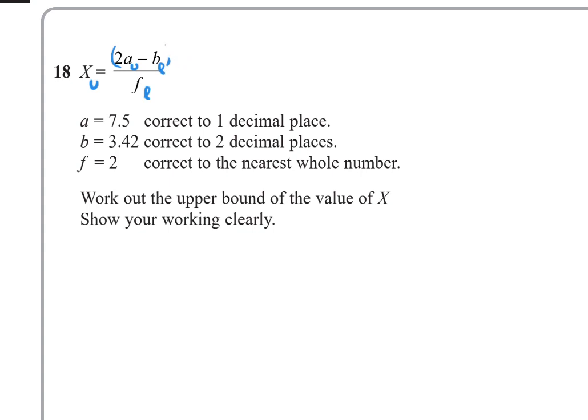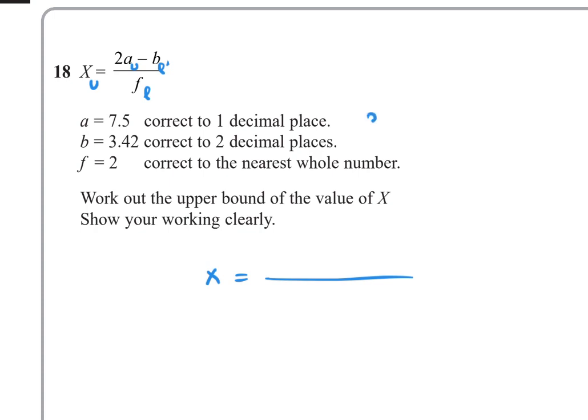So now we can eliminate the bracket. We need to find x upper, so we need a upper, b lower and f lower. Now x equals a upper, a is 7.5 correct to one decimal place.